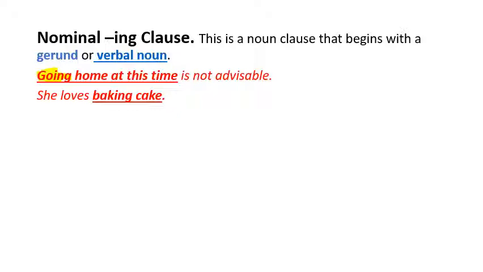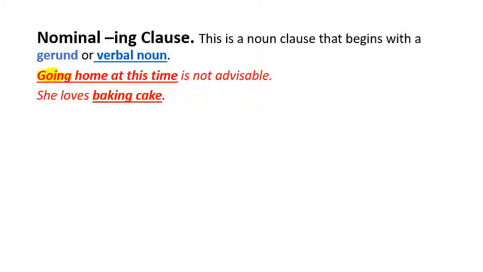This is called a verbal noun. Going home at this time is not advisable. And this noun clause is introduced with a gerund. Again, a gerund is a verb form that has ing, but it's not a verb, it is a noun.